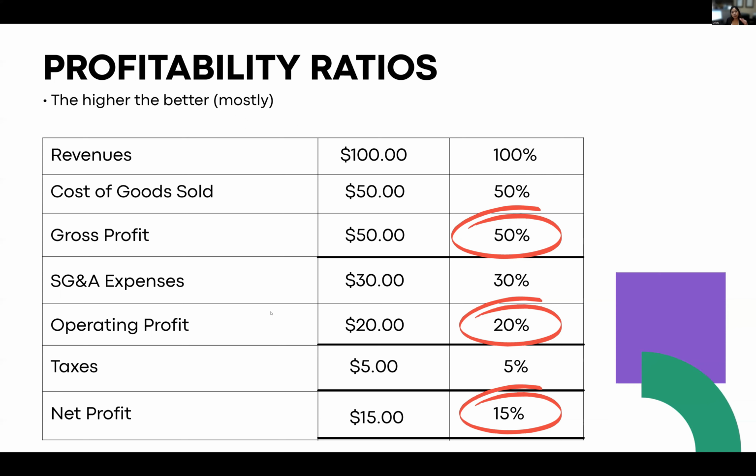So when you do a comparison year by year, the trend should be going up, not going down, in terms of the profitability ratios.